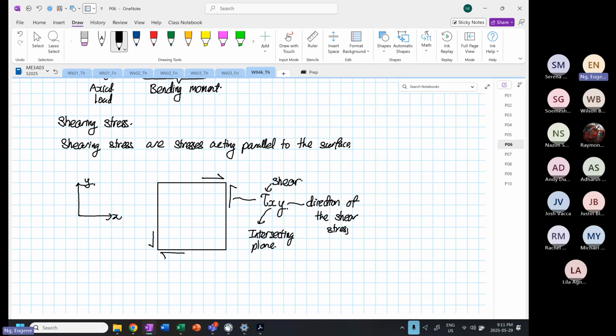Watch this. Over here, when I'm highlighting in yellow, as you can see, that is the plane. If I draw that plane onto my transformation over here, it intersects the x-axis. That is why you have the first x. The y is the shear stress direction.